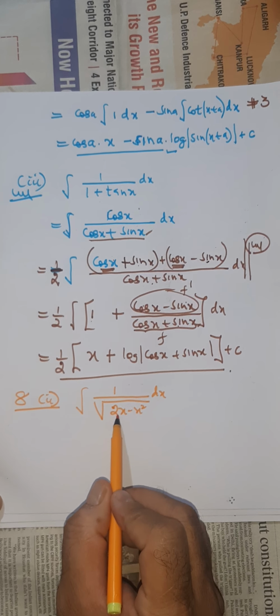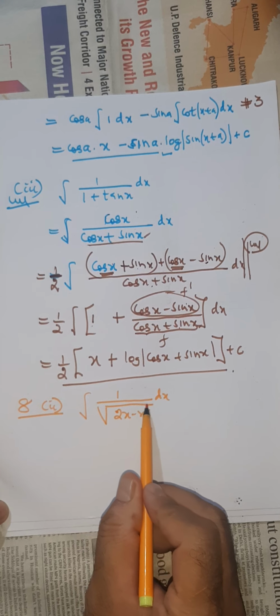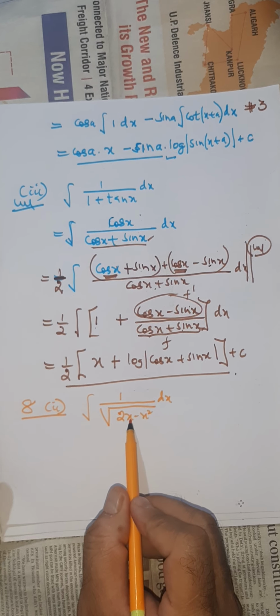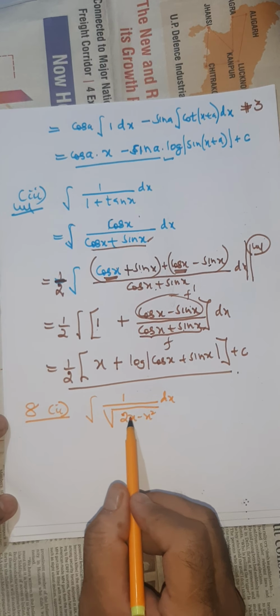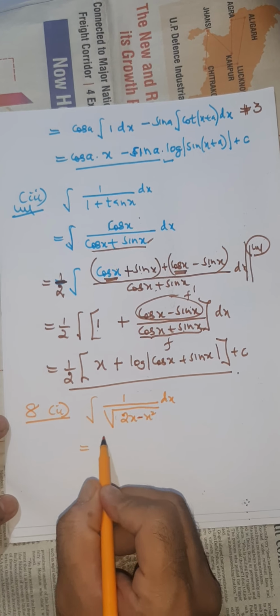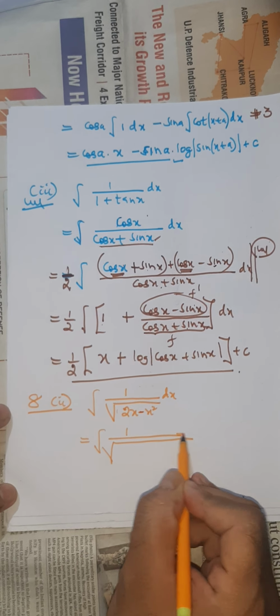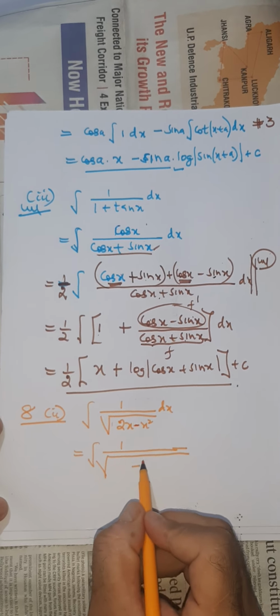Second one is 1 upon quadratic with minus x squared. So you might have noticed your answer will be in form of sine inverse. But we need to express this one as a sum or difference of the two perfect squares. So what we do here, you know, we had such questions.